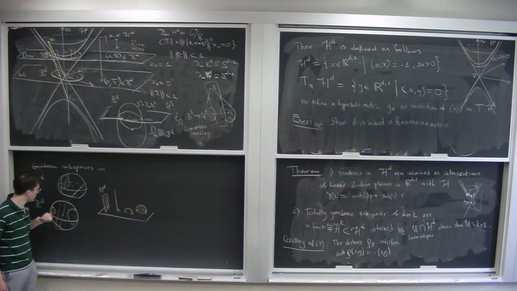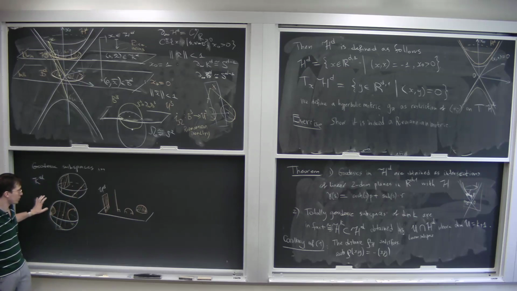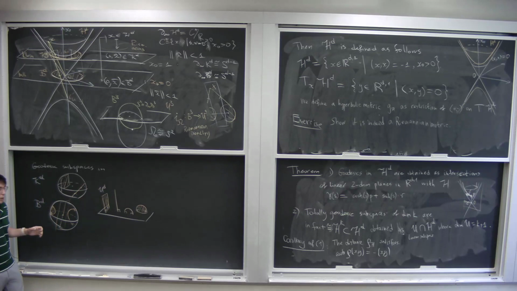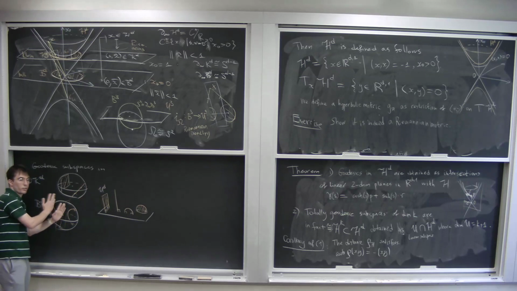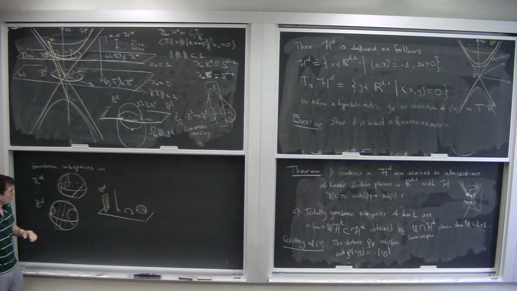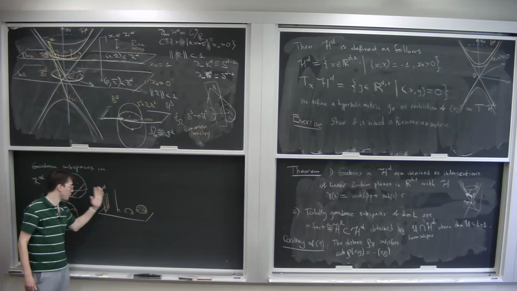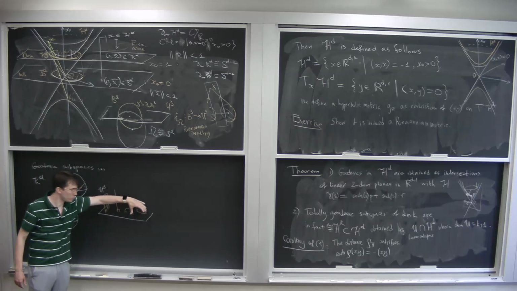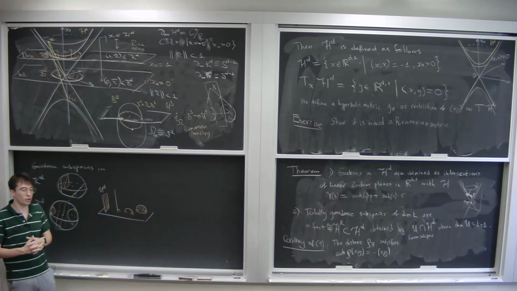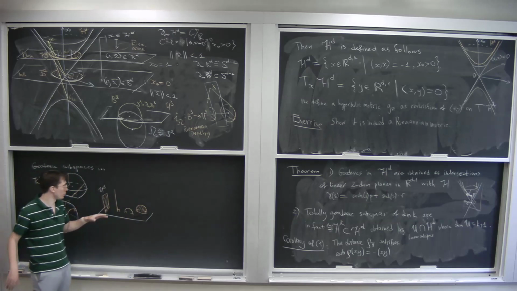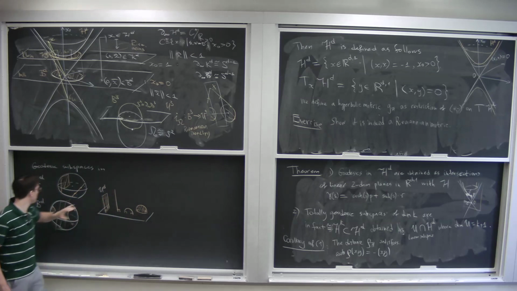Also, it is interesting that the isometry group of B^d or U^d is generated by inversions with respect to spheres of codimension 1, orthogonal to the boundary, and those Euclidean reflections passing through the origin. Here it's the same. We can take all reflections with respect to planes or with respect to spheres orthogonal to the boundary, and those generate our full isometry group of the hyperbolic space U^d and B^d.